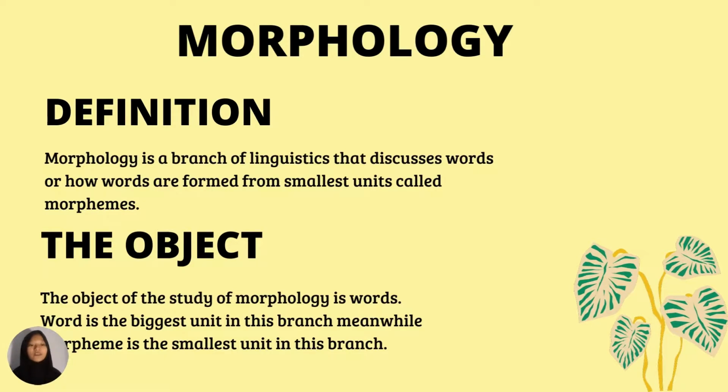The object of the study of morphology is word. The biggest unit in morphology is word, and a morpheme is the smallest unit in morphology. Although morphology studies word formation, the text is morphemes.